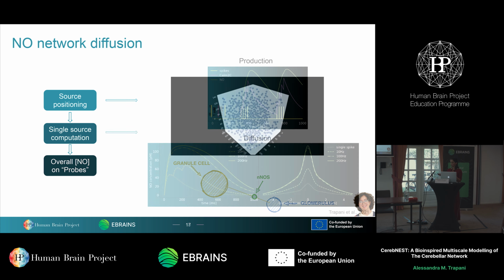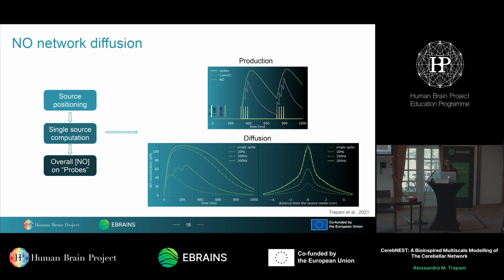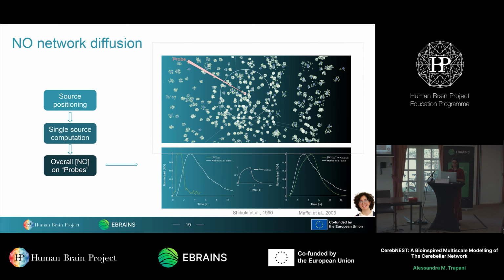And then we simulate the activity of the network, where a bundle of mossy fibers is stimulated and the glomeruli are basically activated by it and will in their turn activate also the NO sources around them. So then we need to integrate this single source signal to form the cloud of influence or, if you prefer, this kind of volume transmitter signal.